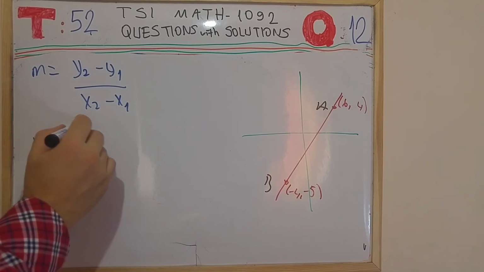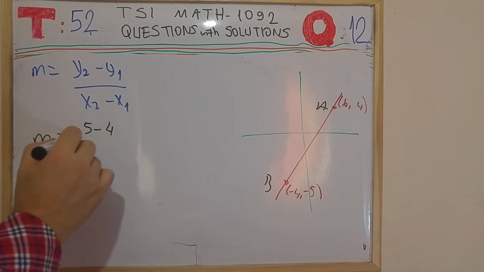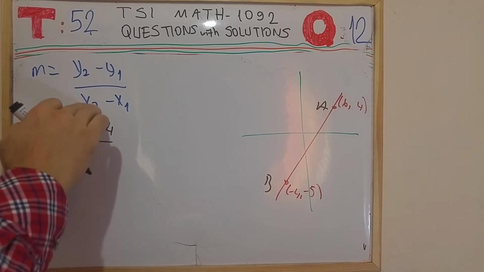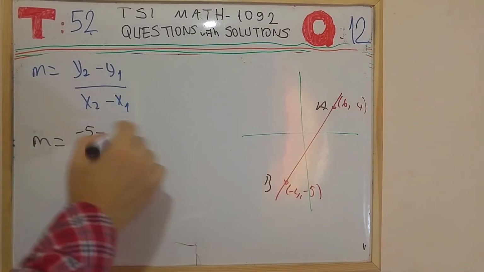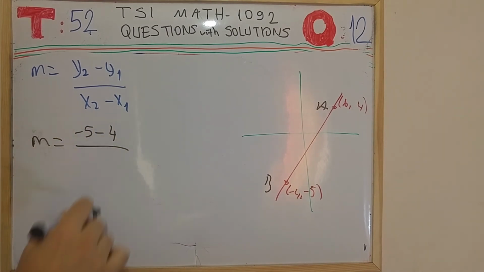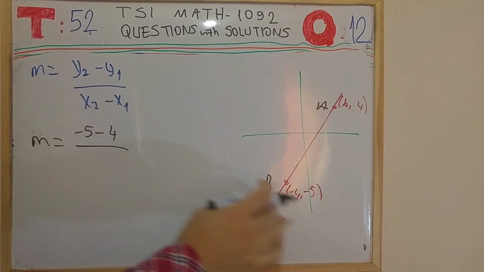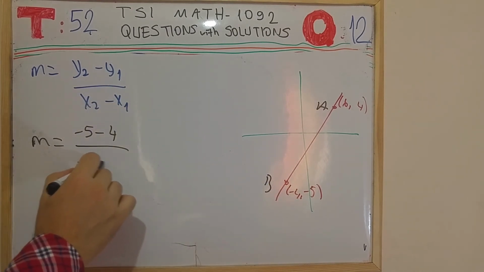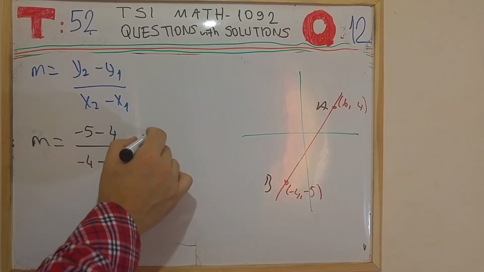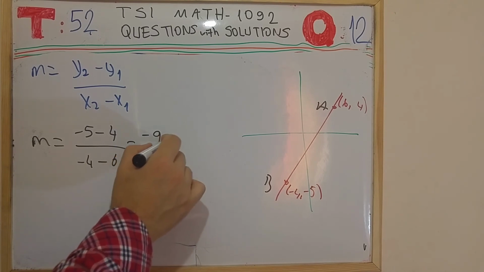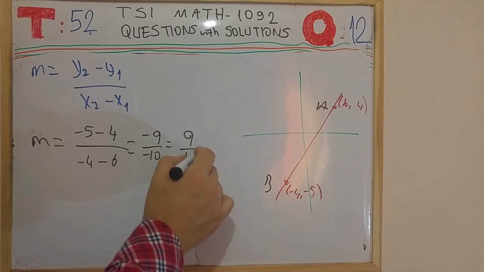So what we have is minus 5 minus 4 over x2, which is minus 4 minus 6, which is equal to minus 9 over minus 10, which is equal to 9 over 10.